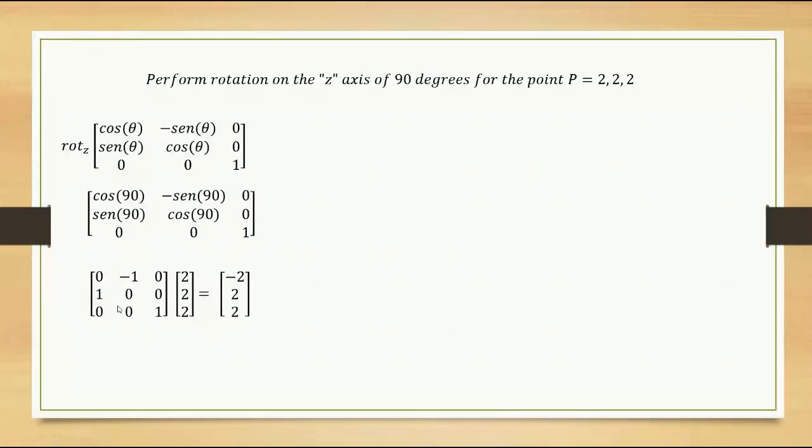Those are the values of this matrix. And finally, we multiply the resulting matrix with the matrix of the point P. So that is the way we get the coordinates of point 1 according to the main axes.